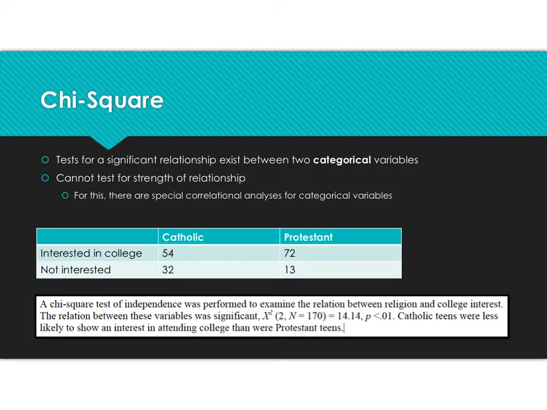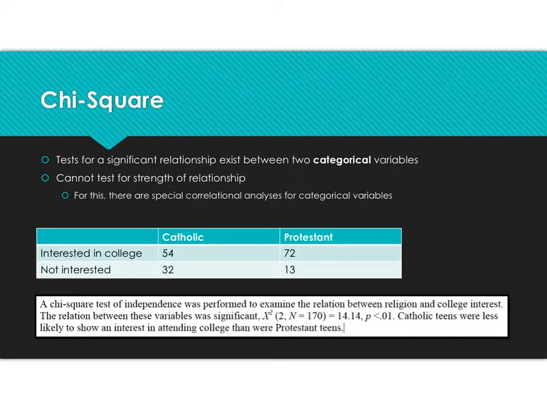So if you look at the example on the slide, let's say you surveyed 170 high school students and you asked whether they identified as Catholic or Protestant, and you asked if they were interested in going to college or not interested in going to college. You then have two different categorical variables, religion and their interest in college.